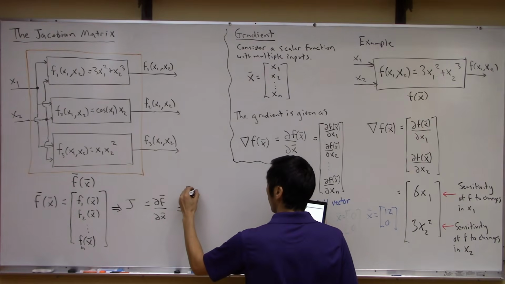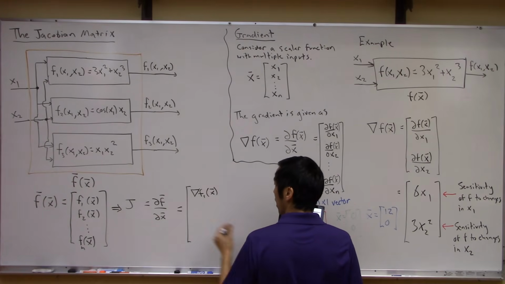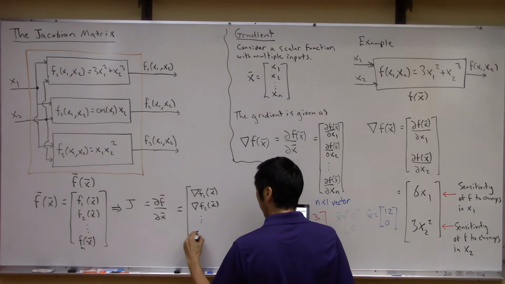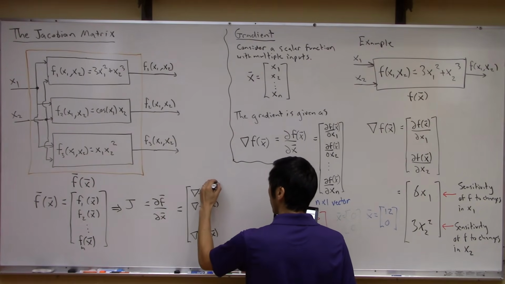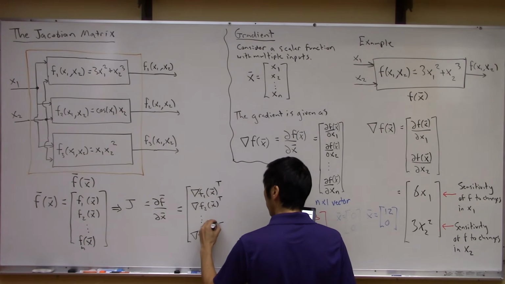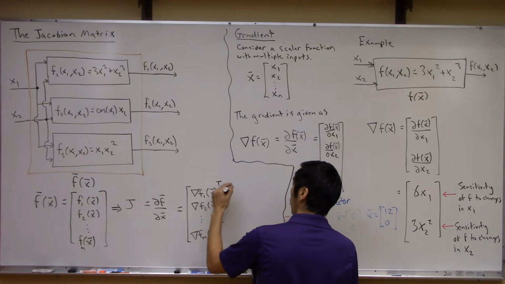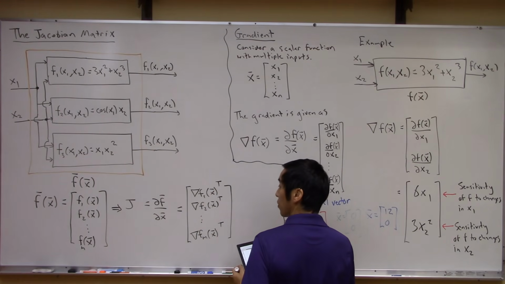So in this case, what we want to write here is the gradient of f1 of x, then the gradient of f2 of x, all the way down to the gradient of fm of x. And again, we have to transpose each one of these to take the column vector, knock it over on its side, and make it a row vector, like this, okay?